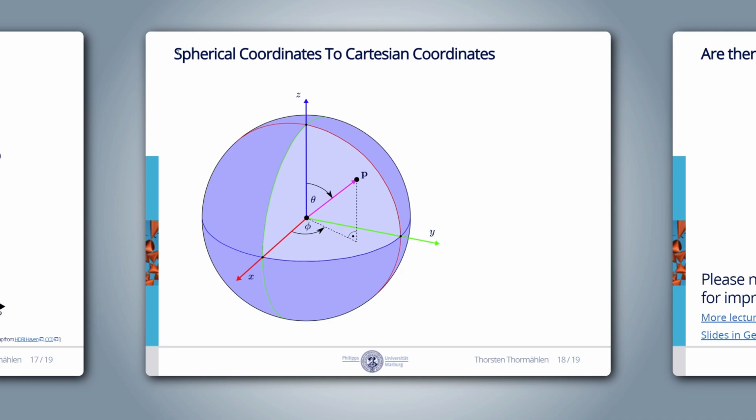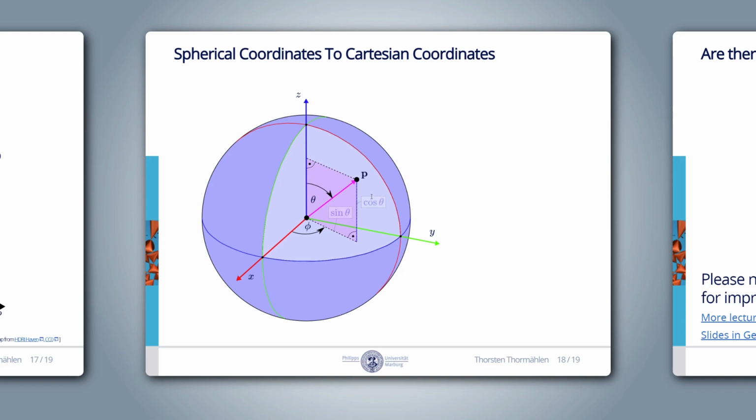Next, we need to map the spherical coordinates theta and phi to Cartesian coordinates x, y, z. Here we have a point P on a unit sphere with radius 1. Consequently, the vector from the center of the sphere to P has a length of 1. Now we first look at the plane that is spanned by the z-axis and the vector to point P. Within that 2D plane, the angle phi has no influence.